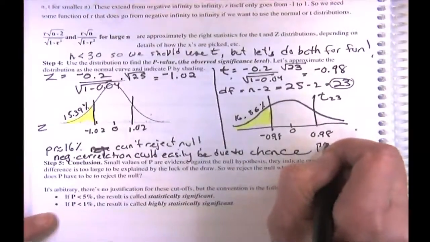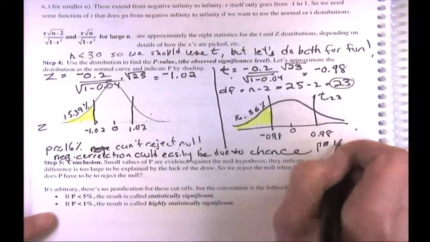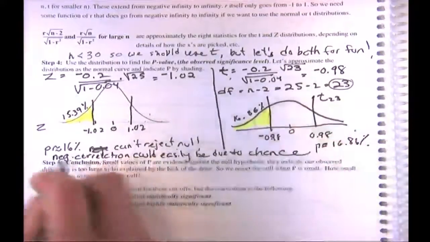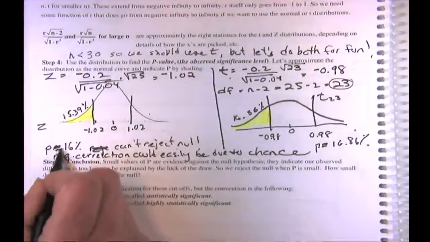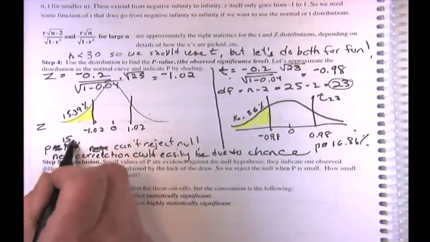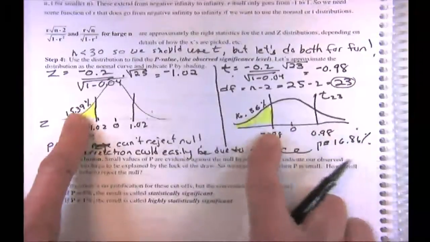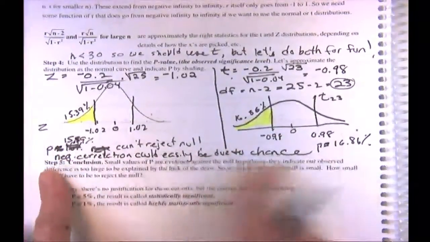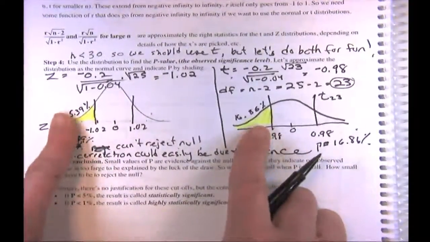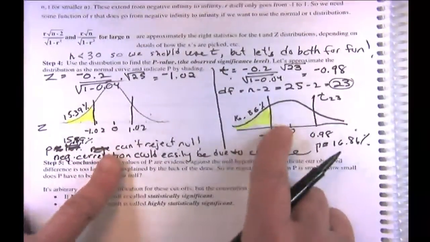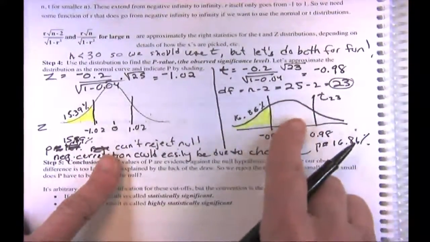So p is equal to 16.86%, and here p is equal to 15.39% if we want to be exact. So that's the difference in our p-values, and our conclusion's the same, but as you can see, we're a little more conservative with the t.